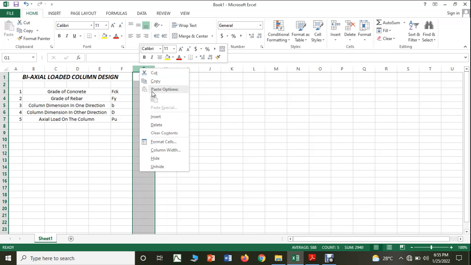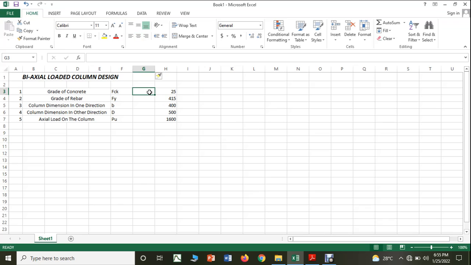If you want, I will just insert the units. So this will be Newton per mm square, this will also be Newton per mm square, this will be mm, and this will be kilonewton.